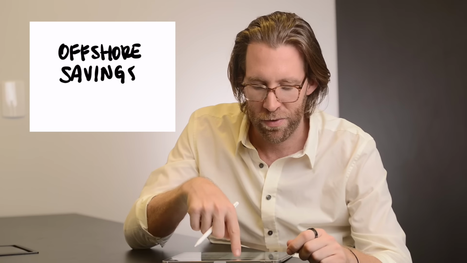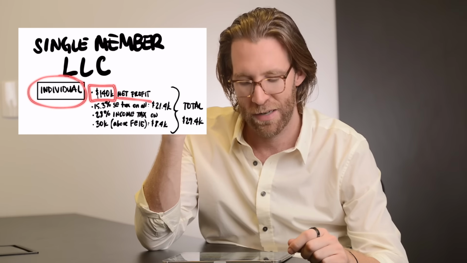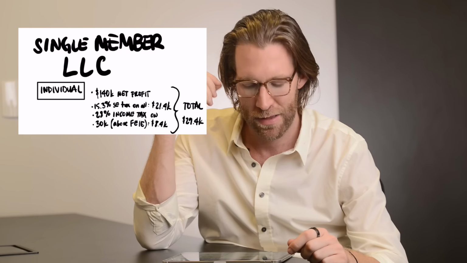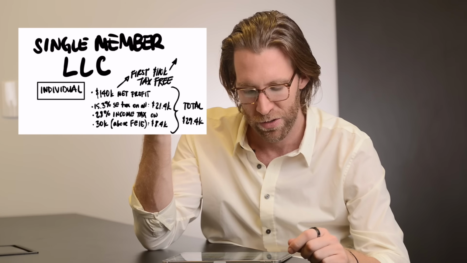Looking at this example, what you see is somebody who's just a single member LLC owning $140,000 net profit. They live outside the United States. What ends up happening? They get basically the first $110,000 tax-free underneath the foreign earned income exclusion.